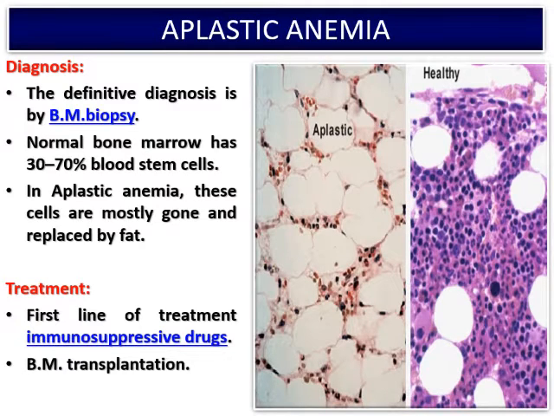If I take a bone marrow biopsy from a normal person, we will find that the normal bone marrow has about 30 to 70% blood stem cells, and usually has a low amount of fat cells. Normal bone marrow contains 30 to 70% stem cells.